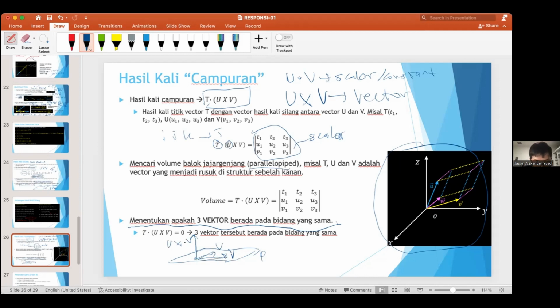If we can show that t is in the same plane as u and v, let's say t is here, that means t would have to be perpendicular to u cross v. So which is why we use this idea of dot product, that means t dot u cross v must be equivalent to 0. Just remember this.